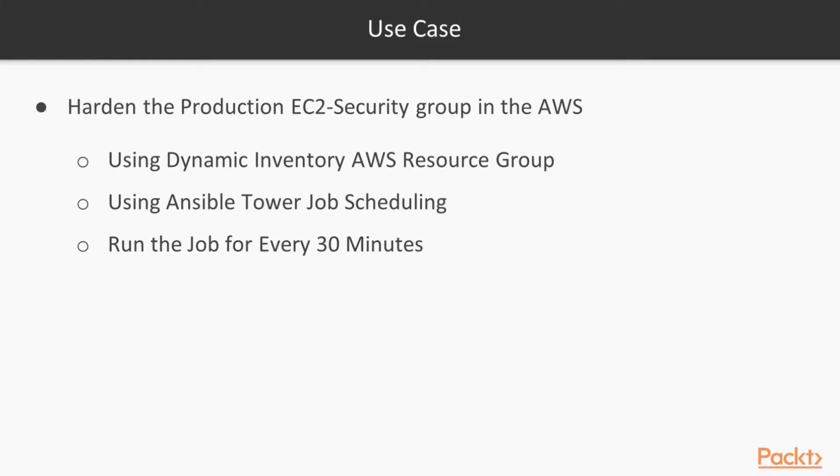In this lab, we will discuss a case study on the AWS EC2 security group for the production deployment. The EC2 security group is subject to modification, intentionally or unintentionally. All the changes on the security group need to be brought back to the same state to ensure that we have a proper security control in place.